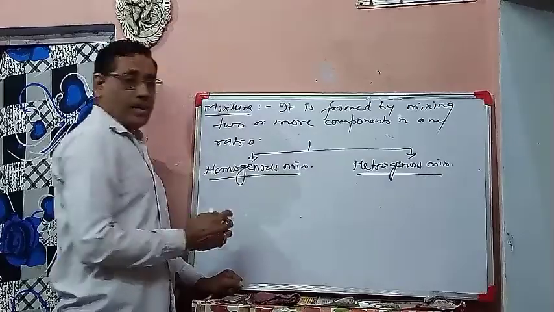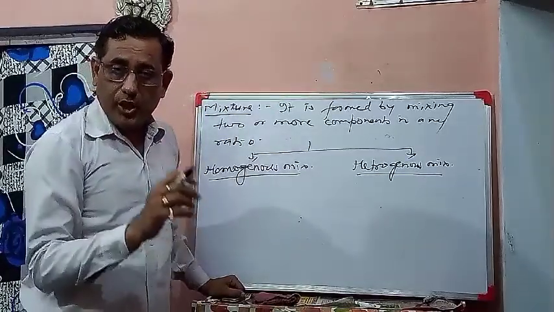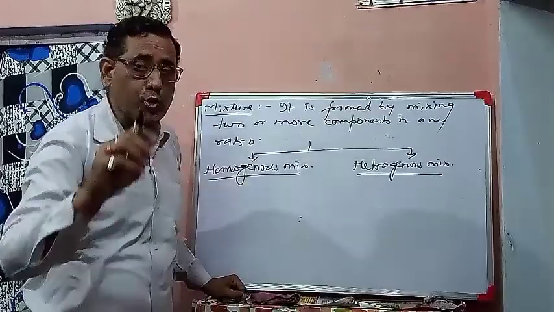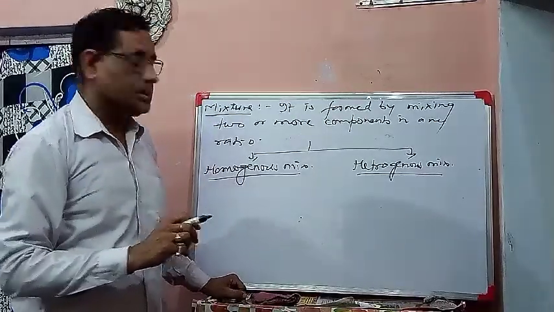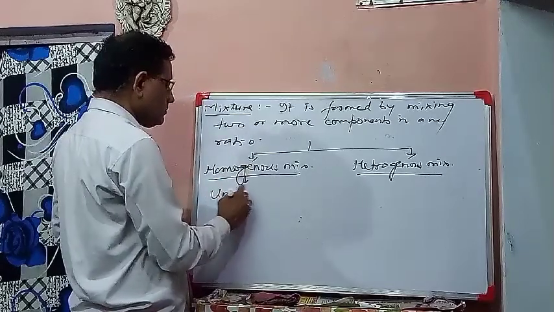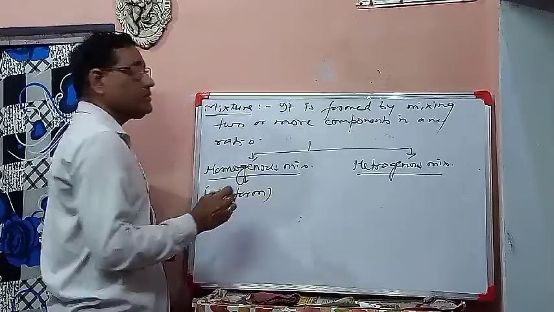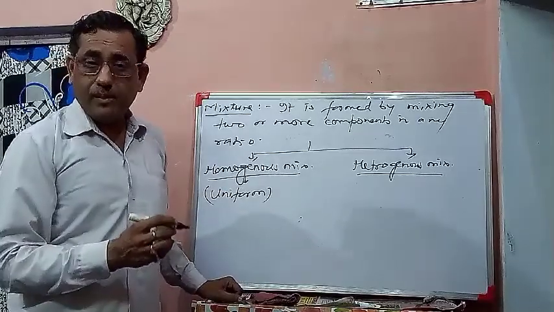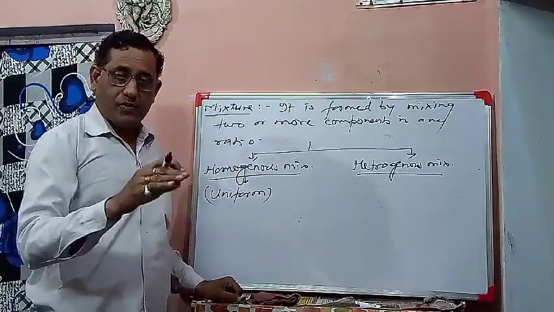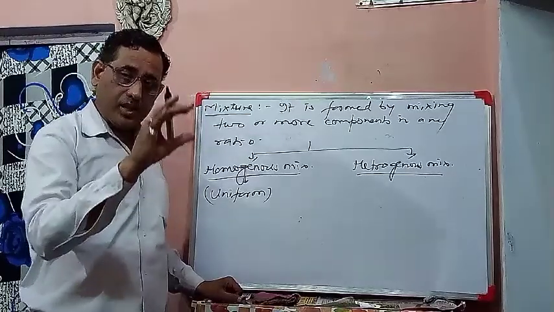In a homogeneous mixture, the ratio of components in the whole mixture will be uniform. Clear? That is, it is uniform in nature. Example, sugar solution. In sugar solution, the ratio of sugar and water will be the same in each part.